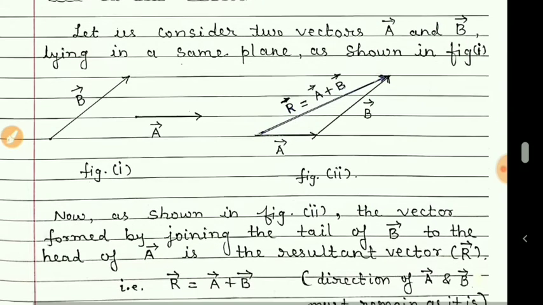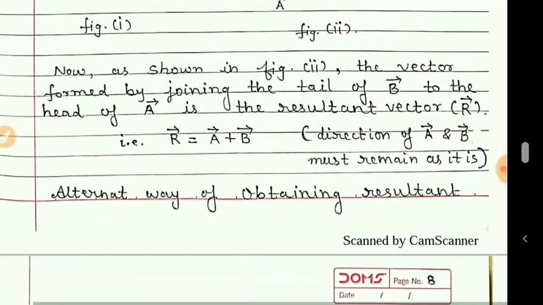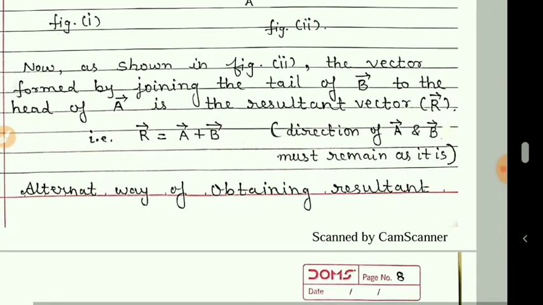So students, in this way we can add two vectors. Now there is an alternate method.